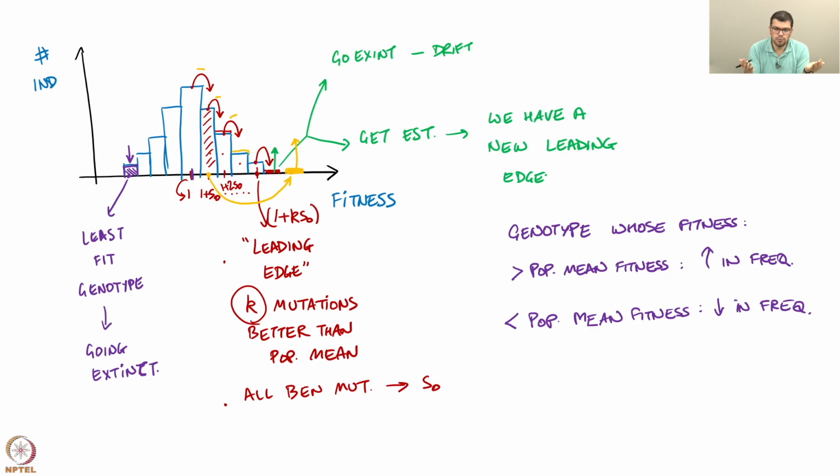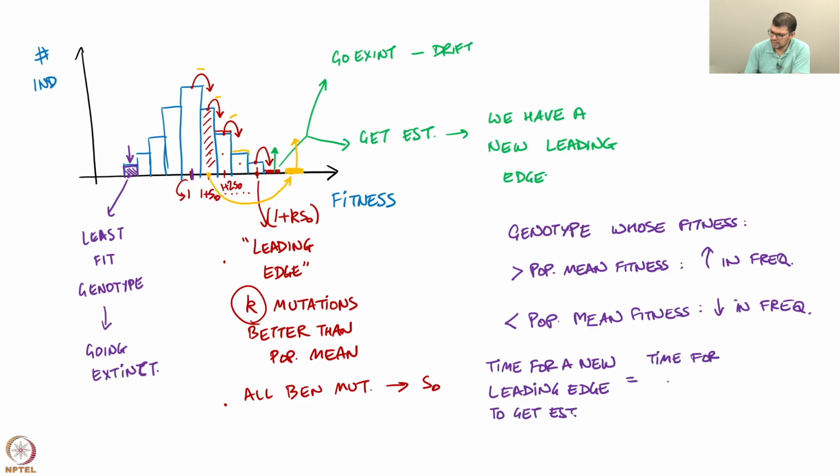And eventually, we are looking at this in a scenario where the time for a new leading edge to get established is the same as the time for the lagging edge to go extinct.